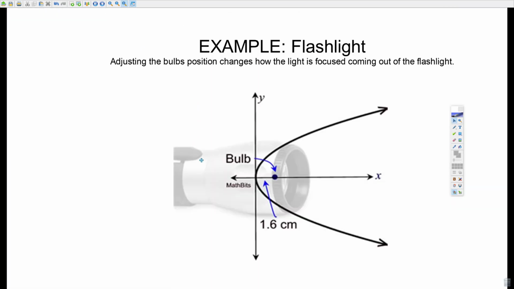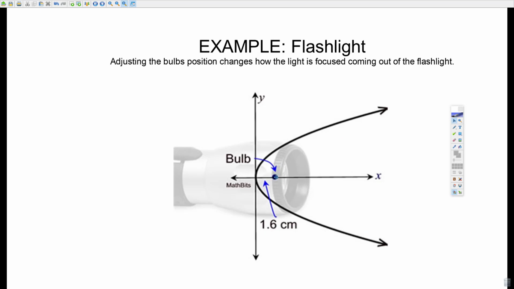So, the focus has a great example in something that we all know, and that would be a flashlight. So here you have a flashlight, and the bulb is usually right here. If you change where the bulb is inside the flashlight, what happens to the rays of light? Well, they become more focused, or they get more condensed.